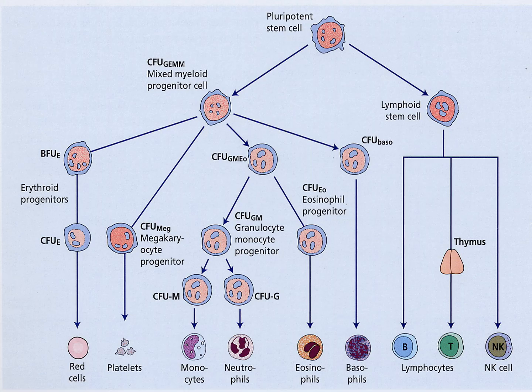And again, it can also produce the myeloid progenitor, the mixed myeloid progenitor cell, CFU-GEMM, which produces the burst-forming units, erythroid, which eventually produce the mature red cells, the megakaryocytic progenitor cells, and the myeloid cells, the monocytes, neutrophils, eosinophils, and the basophils.